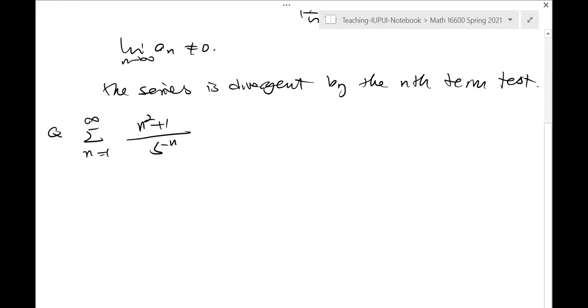Yeah, there are many ways to solve the problem, right? Use a comparison test. So a_n is going to be n squared plus 1 over 5 to the n.